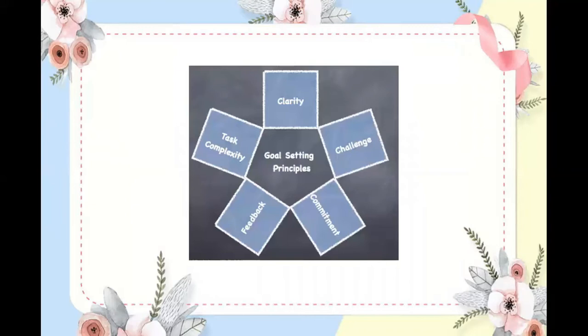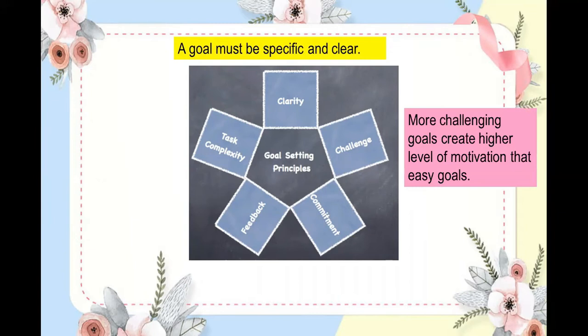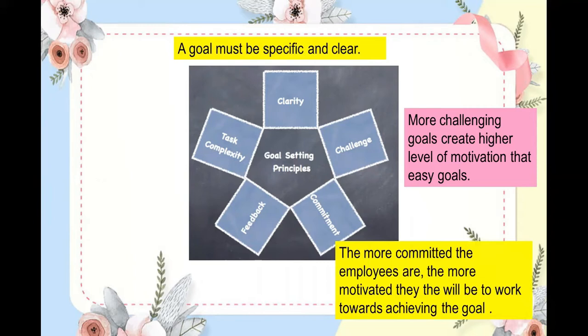There are 5 goal setting principles. First is clarity. A goal must be specific and clear. Second is challenge. More challenging goals create a higher level of motivation than easy goals. Next is commitment. The more committed the employees are, the more motivated they will be to work towards achieving the goal.